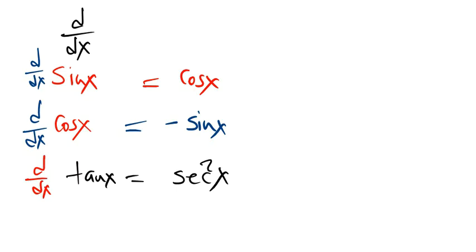Now let's go to the other 3 that we know. These are obviously secant of x, cosecant of x, and cotangent of x. So these are the only ones that we need to know now.